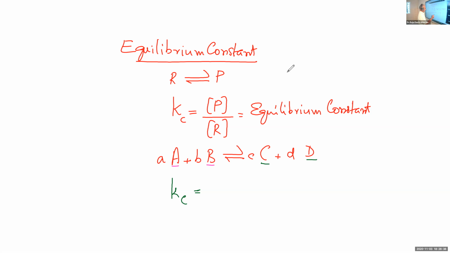You take the concentration of the product C and raise it to the power of the coefficient small c.